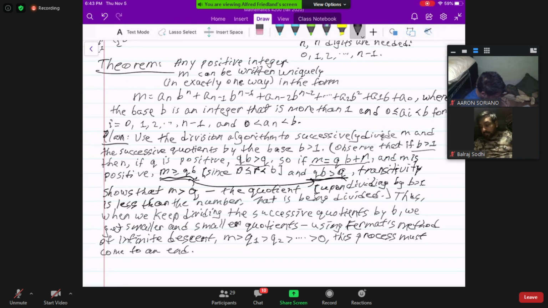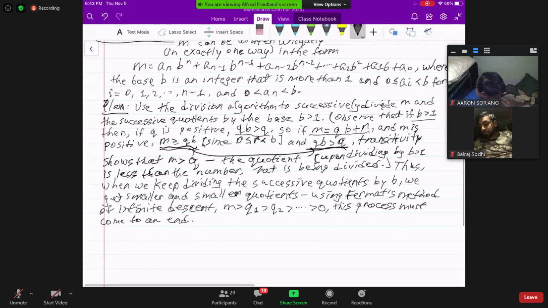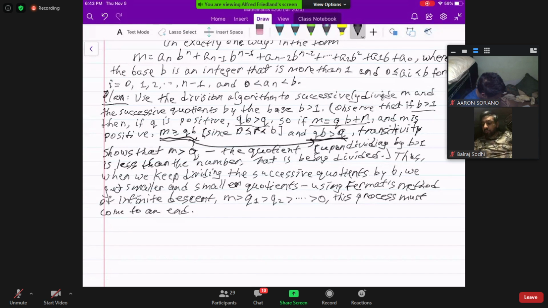Look, all I'm saying, it's hard to write in general, but you know what I've just written perfectly well. If you take 28 and divide it by 4, the quotient is going to be less than 28. So each time you divide by a number more than 1, the quotient gets smaller. And then if you take that quotient, then divide it by that b, which is more than 1, the remaining quotient will be even less.